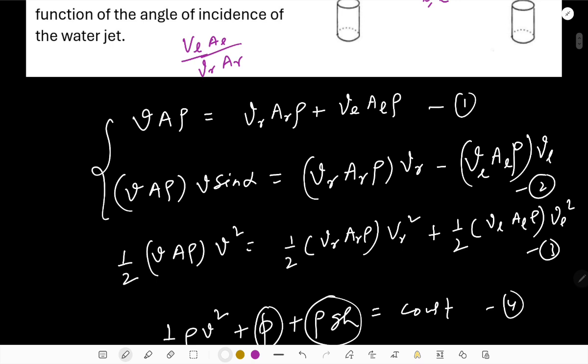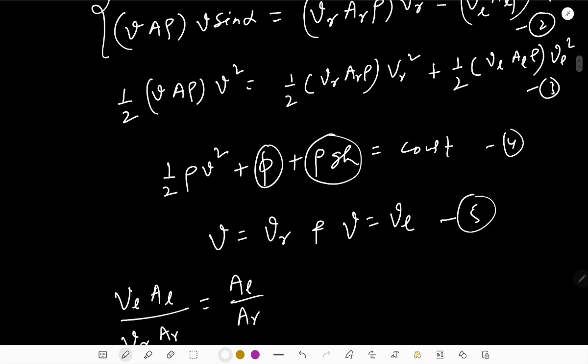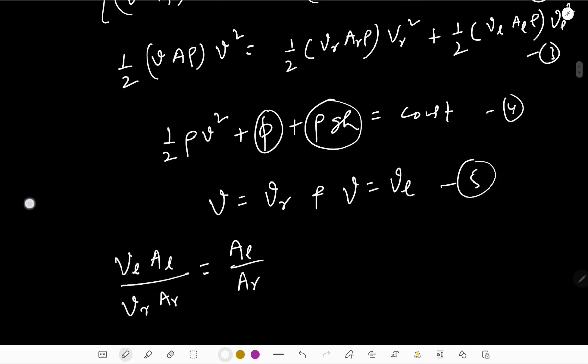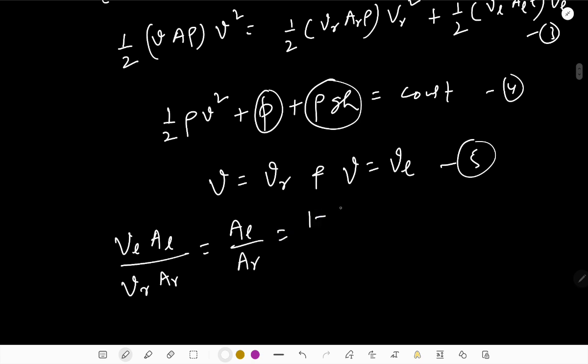If we use both of these equations, putting V_R equals V, V_L equals V, and using equation number 1 and 2, we will get the values of A_L and A_R simply as I did it. So you can do it: 1 minus sine alpha divided by 1 plus sine alpha. And this is the desired ratio, I think.